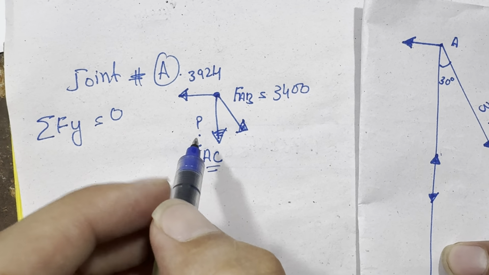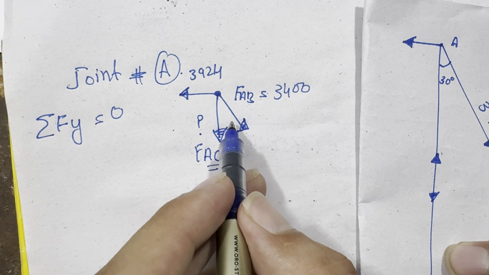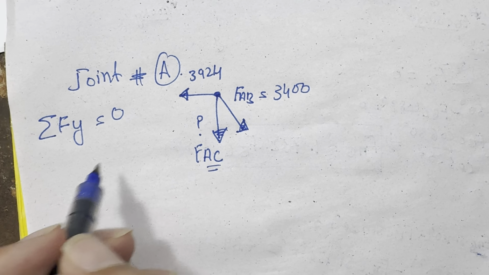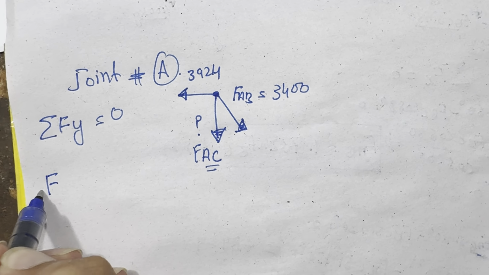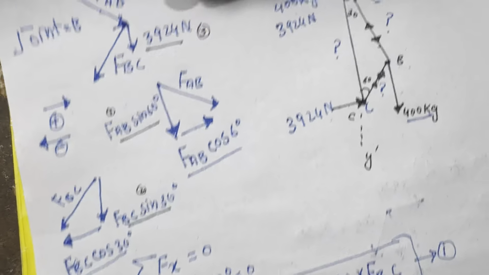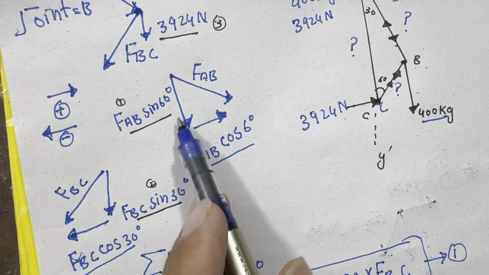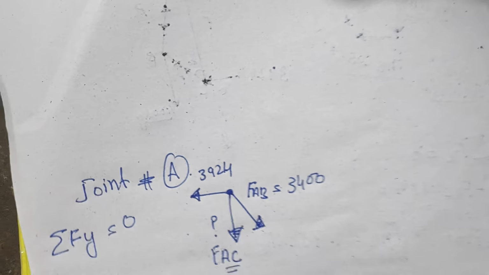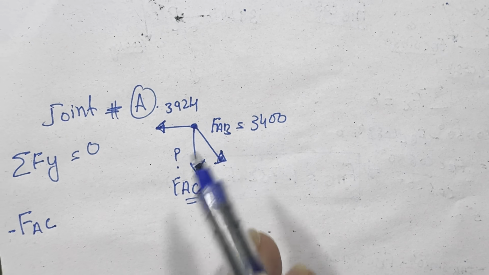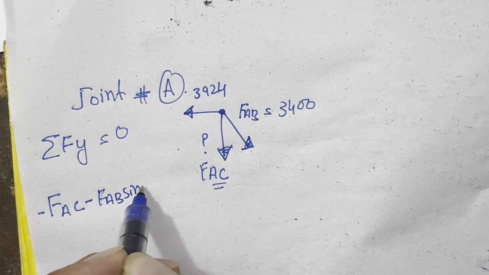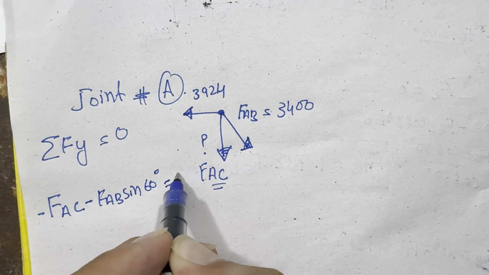I will take the vertical component of this member: negative FAC, and the vertical component of FAB, negative FAB sine 60 degree, equal to 0.